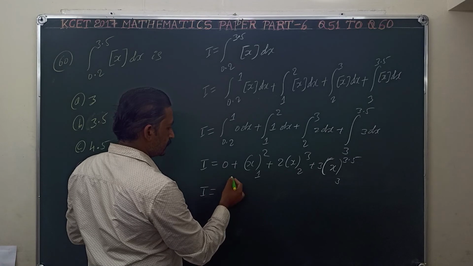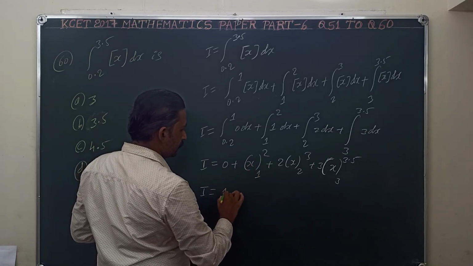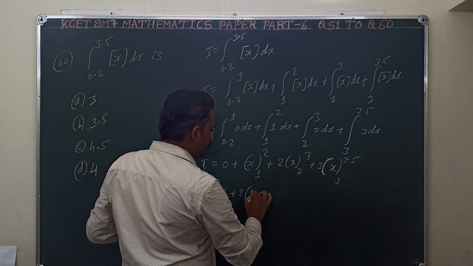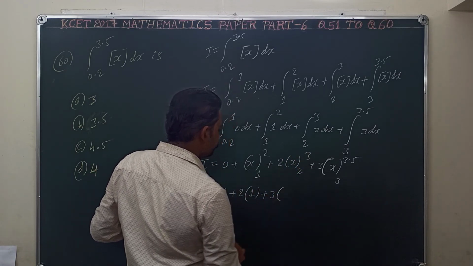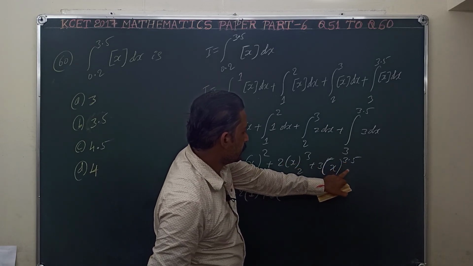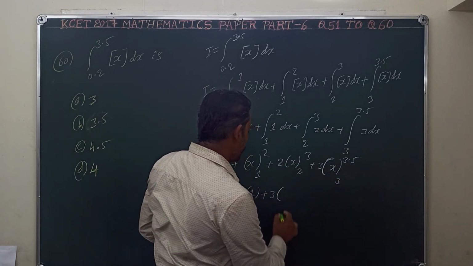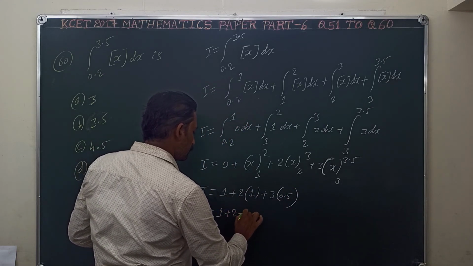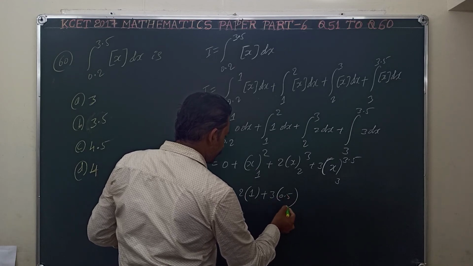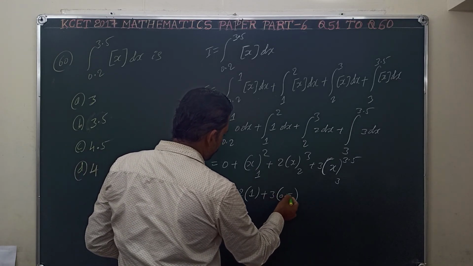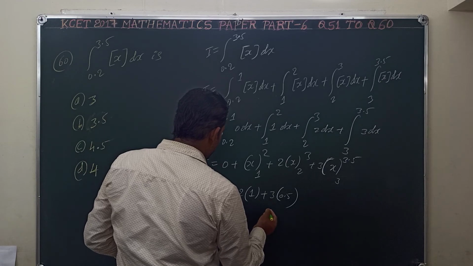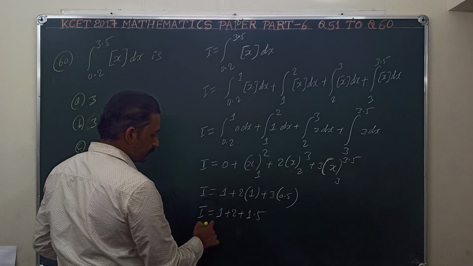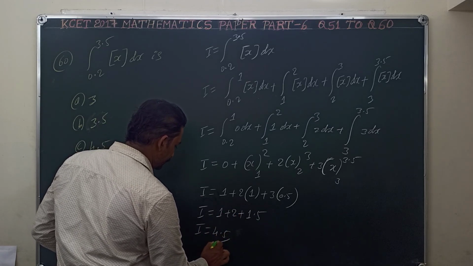In this case this is 0, 2 minus 1, 1, plus 2 into 3 minus 2, 1, plus 3 into 3.5 minus 3, which is 0.5. 3 times 0.5 is 1.5. So here in this case 2 plus 1, 3 plus 1.5, 4.5 is the correct answer.